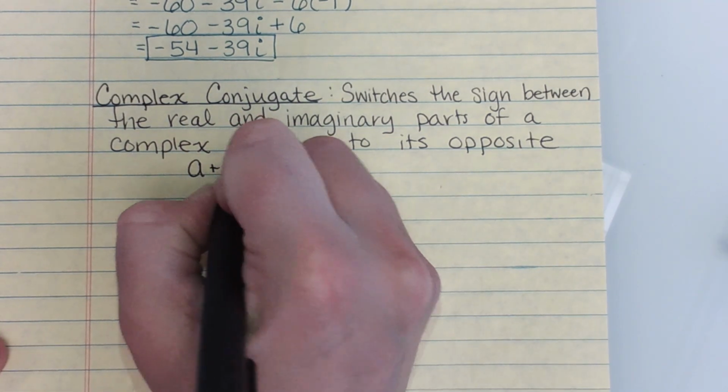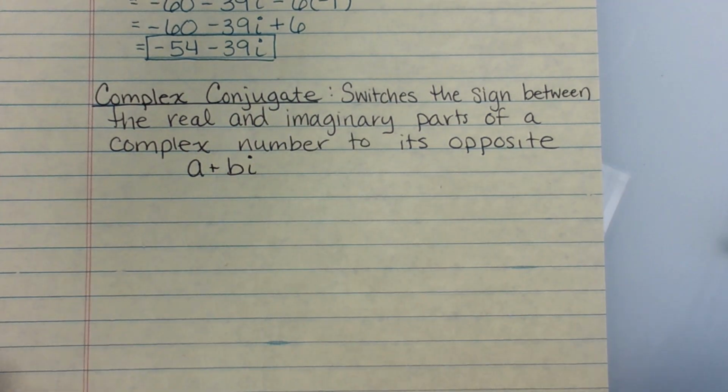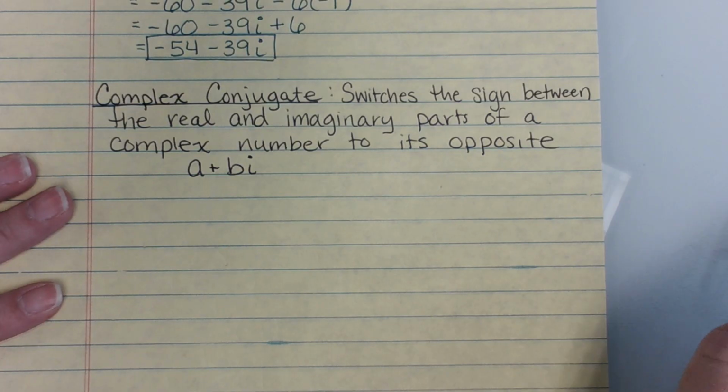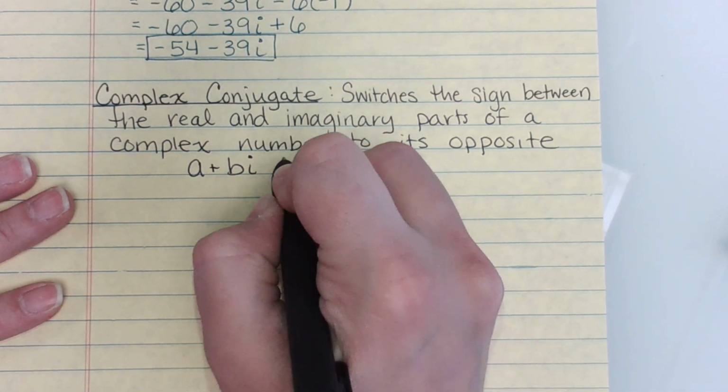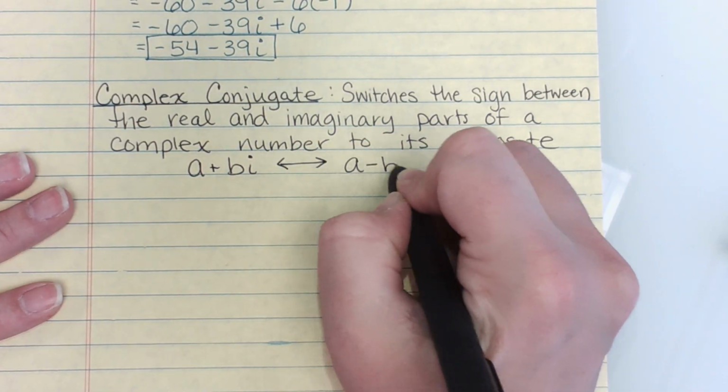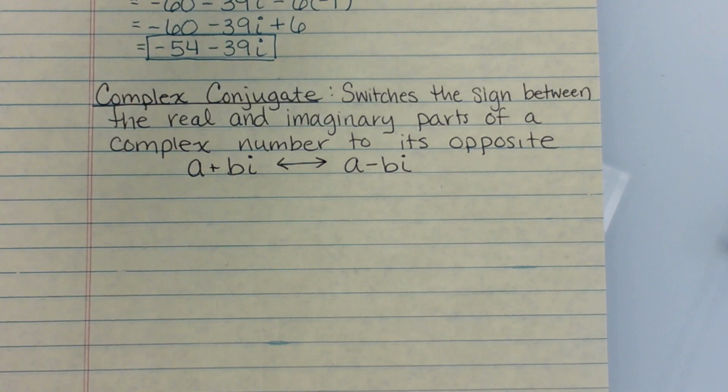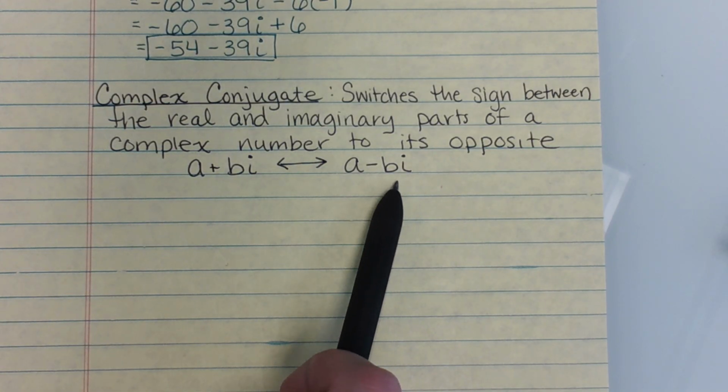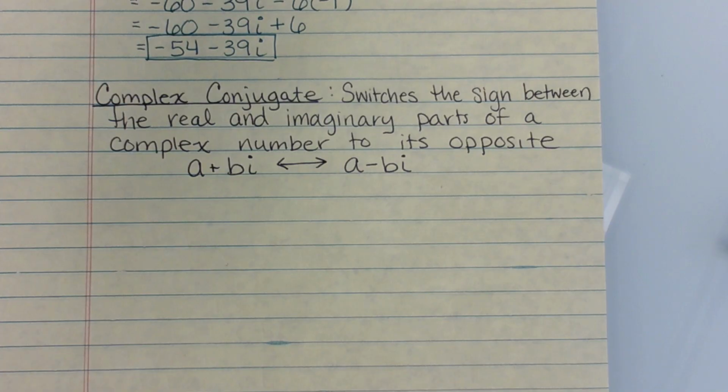If I have a complex number in the form of a plus bi, its complex conjugate would be a minus bi. Or if the original was a minus bi, the conjugate would be a plus bi. Conjugates are a really important thing as we move into certain topics in math.